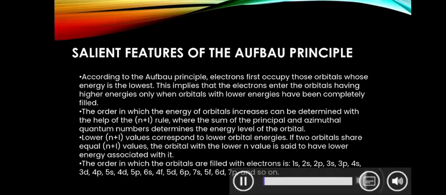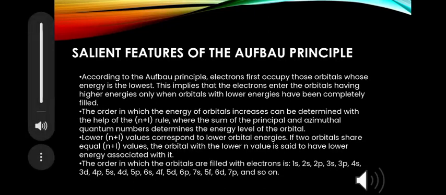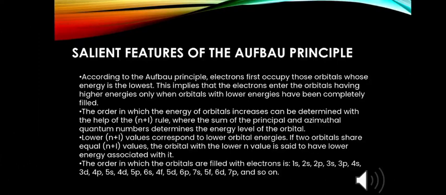Now let's come to the salient features of the aufbau principle. The very first feature of this principle is that electrons first occupy those orbitals whose energy level is the lowest.